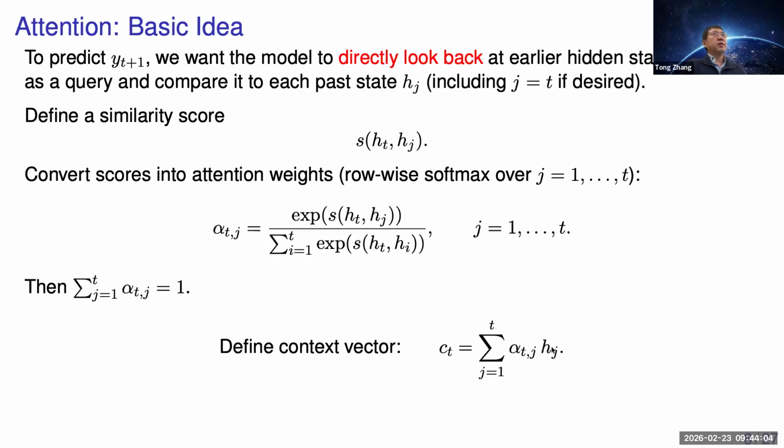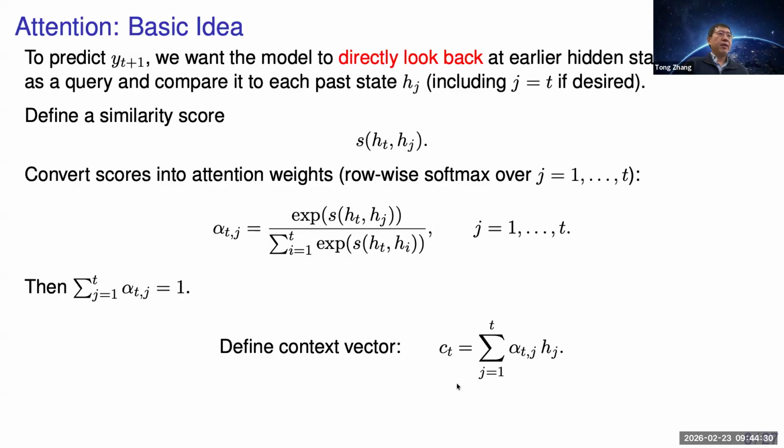I'll boost these weights so that I remember things from the earlier state. I'm recalling the history. And this combined history will be my new so-called context vector, which can be used for prediction. So this one is a better summary of history than my current summary. My current summary is always lossy once it goes very far.